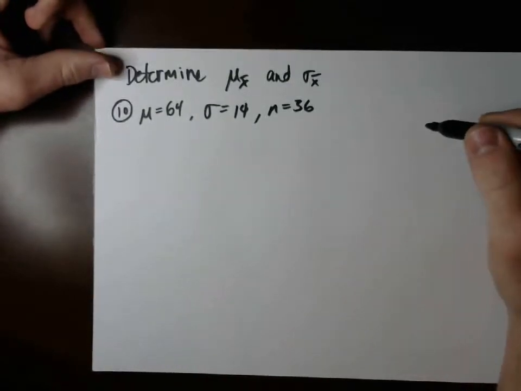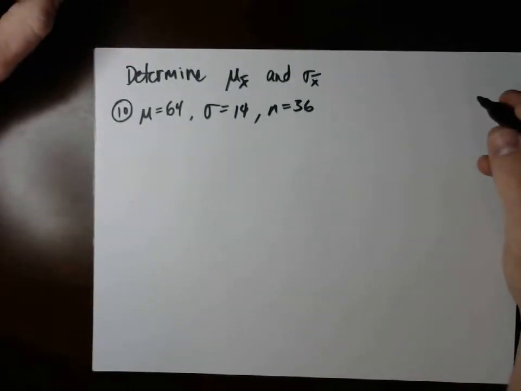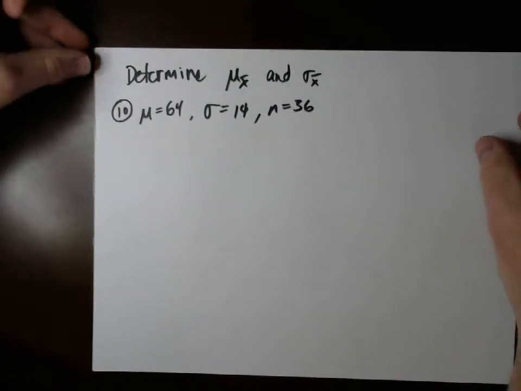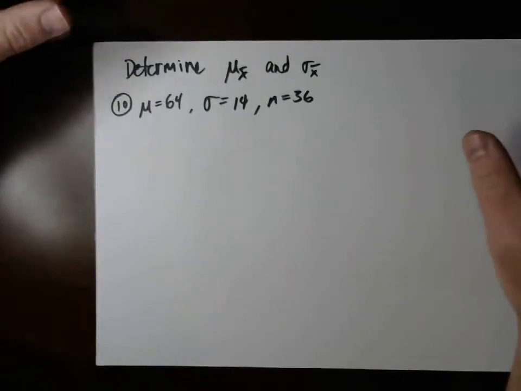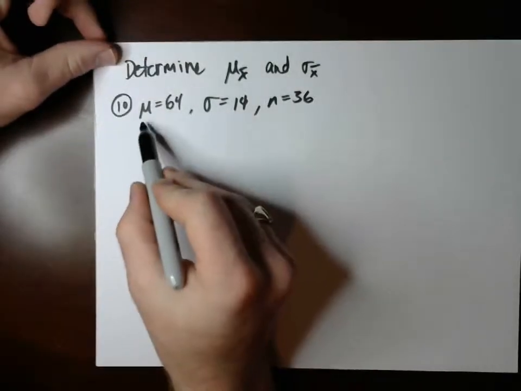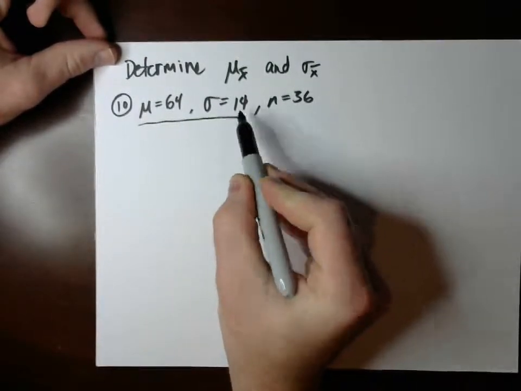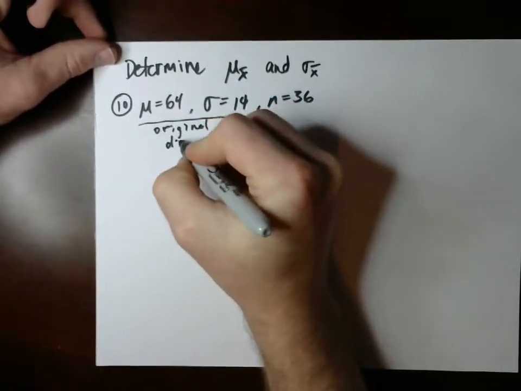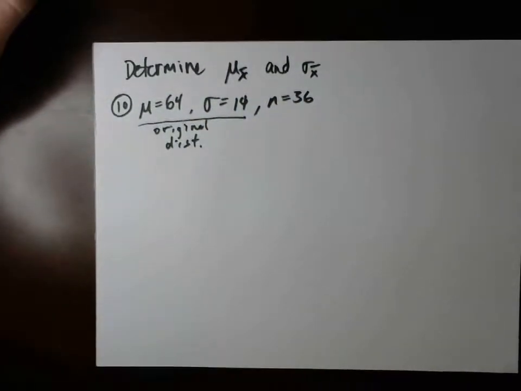So based off this information and understanding what we just did on the previous page, we can visualize what's going on here. These are the parameters of the original distribution, the distribution from which we're taking a sampling.